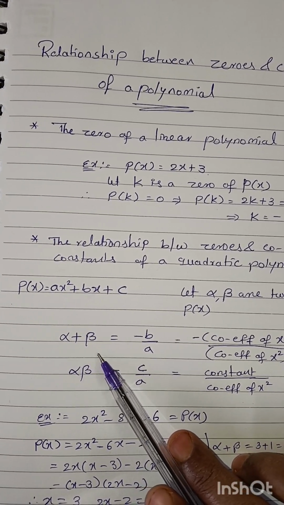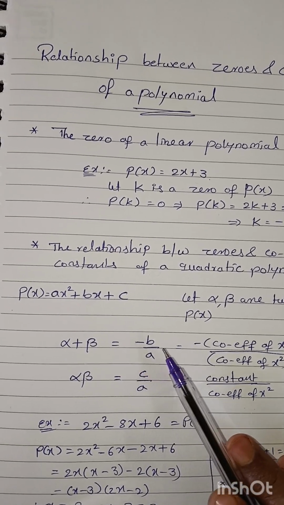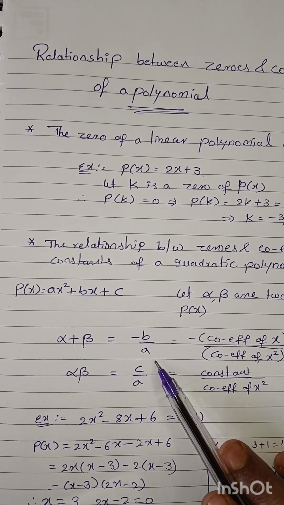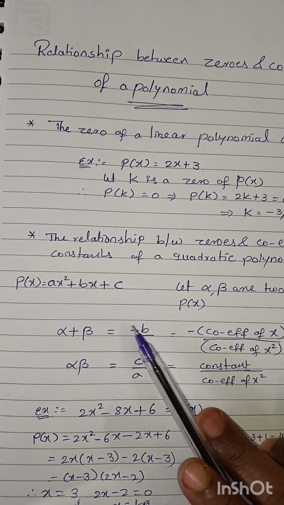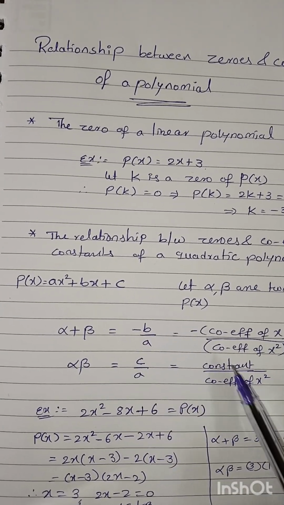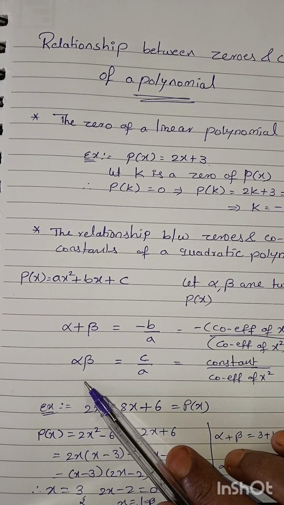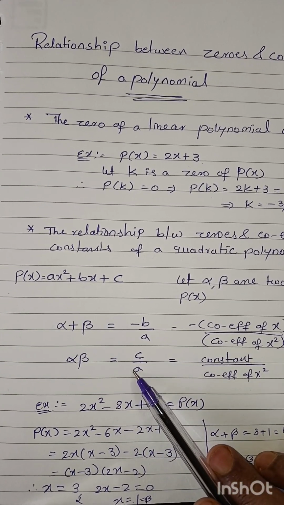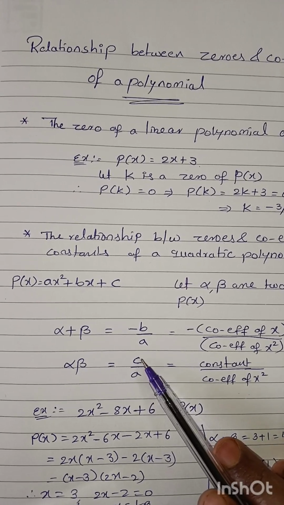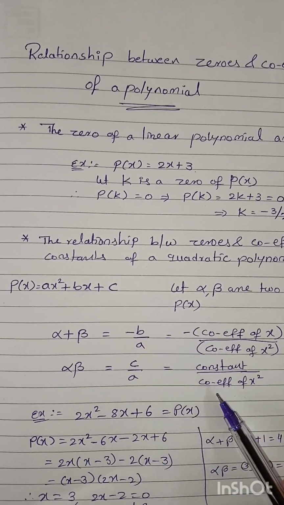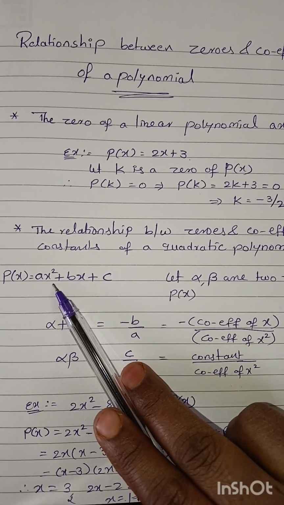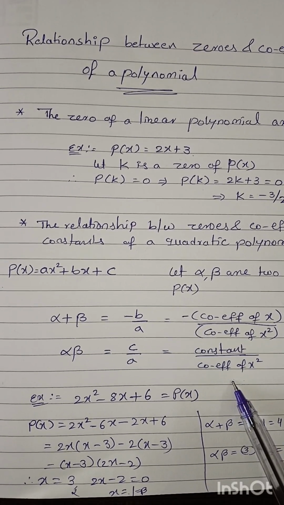Sum of zeros of the polynomial equal to minus b by a, that means minus of coefficient of x by coefficient of x square. Product of the zeros equal to c by a. C is a constant, a is the coefficient of x square.